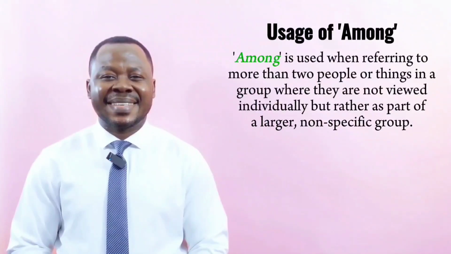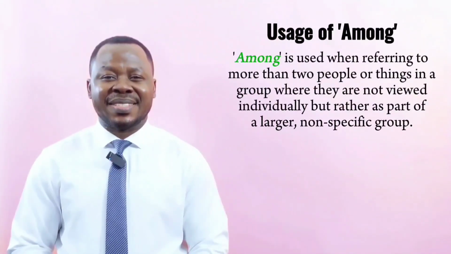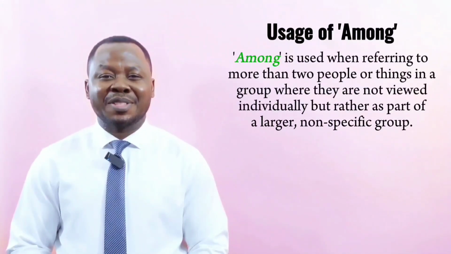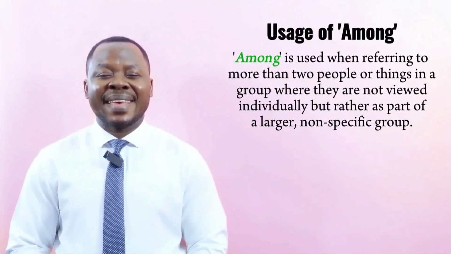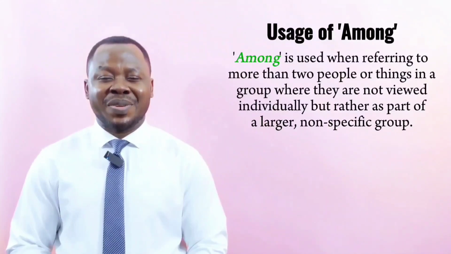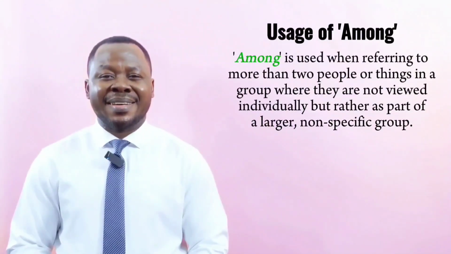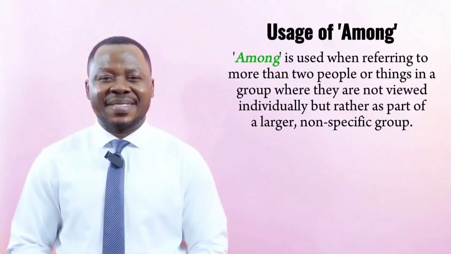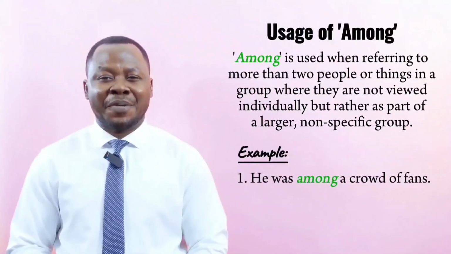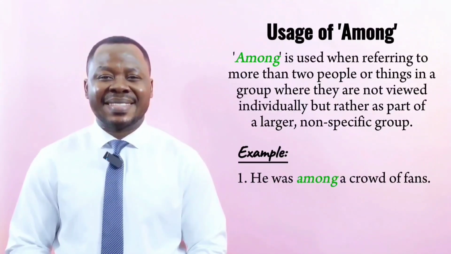Now that you know when to use between, let's move on to among. Among is used when referring to more than two people or things in a group where they are not viewed individually, but rather as part of a larger non-specific group. For example, he was among a crowd of fans.